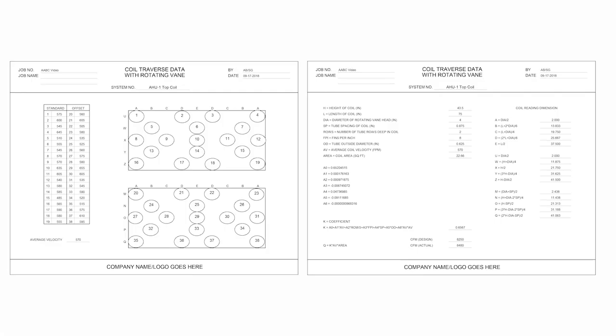After all 38 velocity readings are recorded, the average velocity in feet per minute calculation is complete. Also, as the velocity readings are entered on page 2, the K-factor and the CFM actual values are automatically calculated on page 1. This completes the data and calculations for AHU1 top coil.